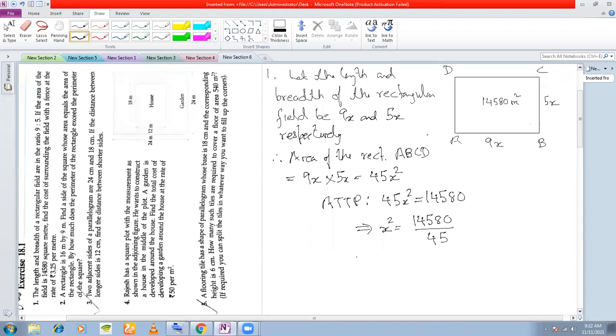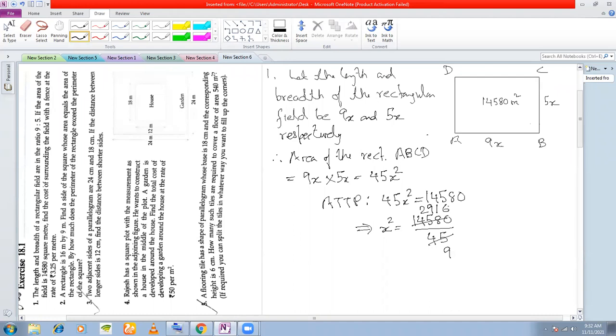So now we can find out the value of x. First, let us cancel here. From what will it cancel? You can cancel with 5 first. Now it will cancel with 4 also.